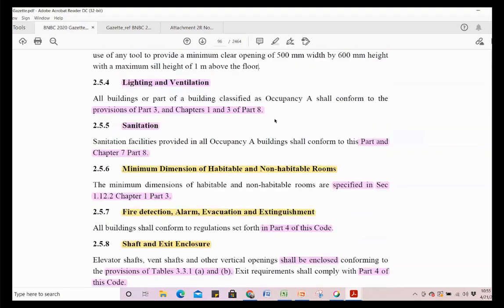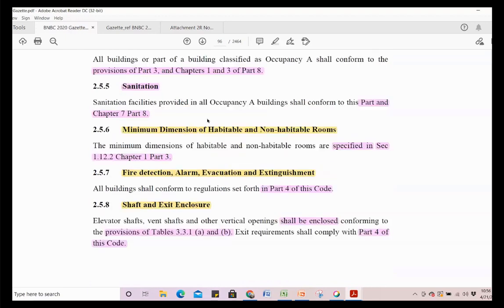Lighting and ventilation. Lighting and ventilation is basically covered in some provisions of part 3 and chapters 1 and 3 of part 8, which deals with mechanical ventilation and everything. So the lighting and ventilation criteria will be covered by these 2 areas, and we have to conform to those guidelines.